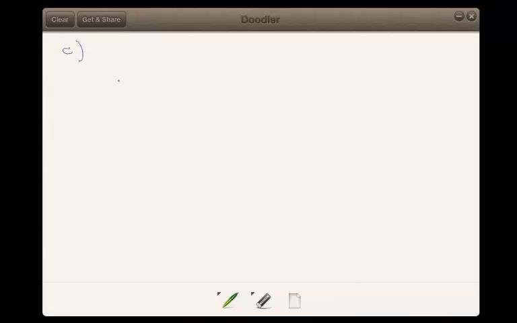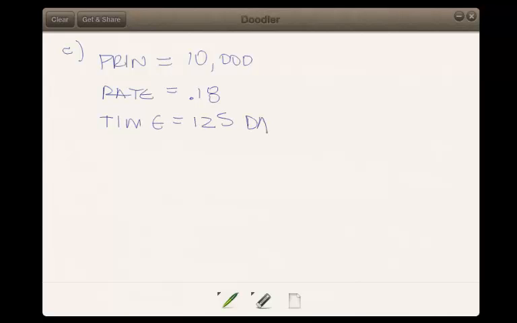Okay, part C. The principal is equal to 10,000. The rate is equal to 18%, which I'll write as 0.18. And time equals 125 days. We need to convert days into years. We do that by multiplying the number of days by the fraction of a year that is a day. And a day is 1/360th of a year.